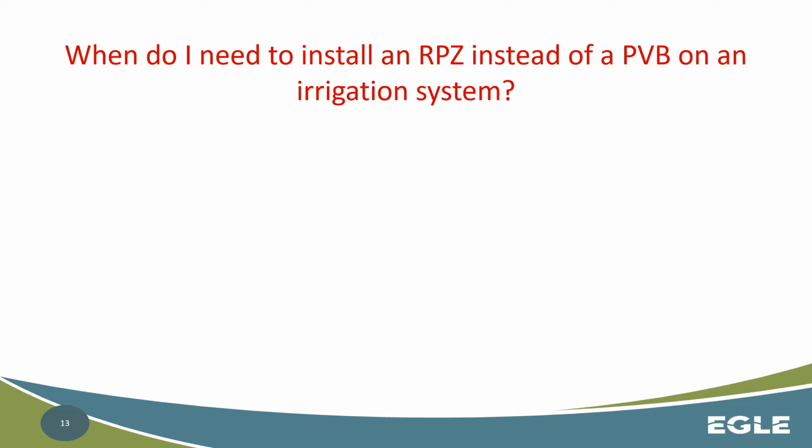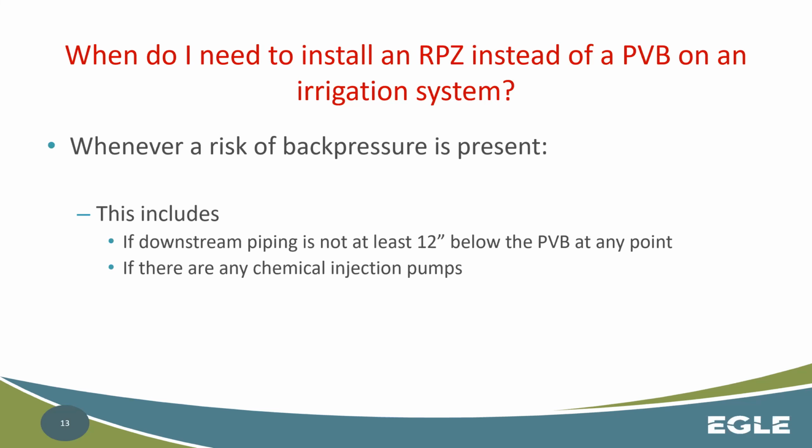When do I install an RPZ instead of a pressure vacuum breaker on an irrigation system? Well, if back pressure could occur because there's a pump, that's when you do it. And if the downstream piping is not 12 inches, there's a couple of conditions. So if there's a pump, it has to be an RPZ, and if there's not the 12-inch gap, it needs to be an RPZ.